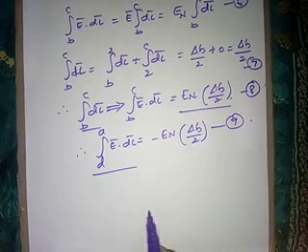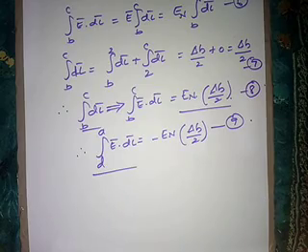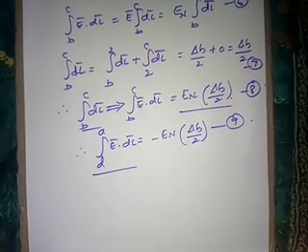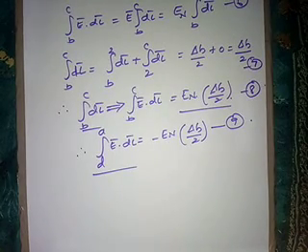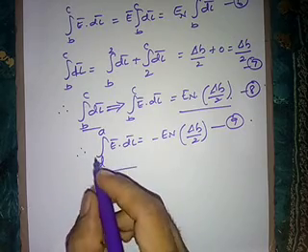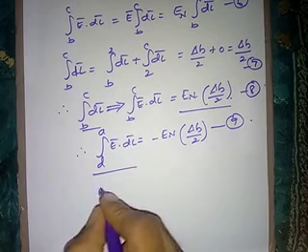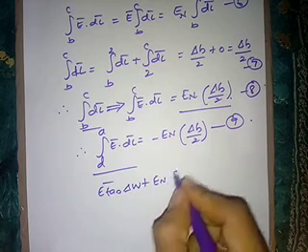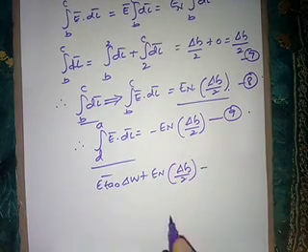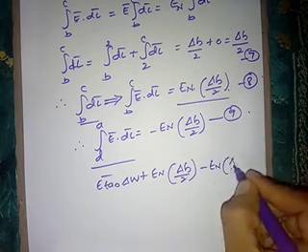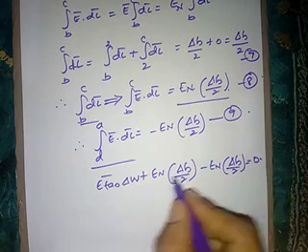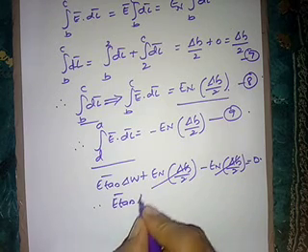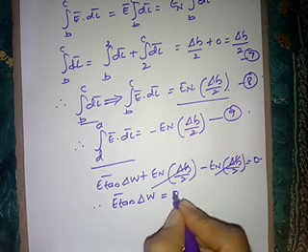What will remain is only the A to B portion: E tan bar delta W plus En delta H by 2 minus En delta H by 2 equals 0. So this and this will cancel, and E tan bar delta W will be equal to 0.